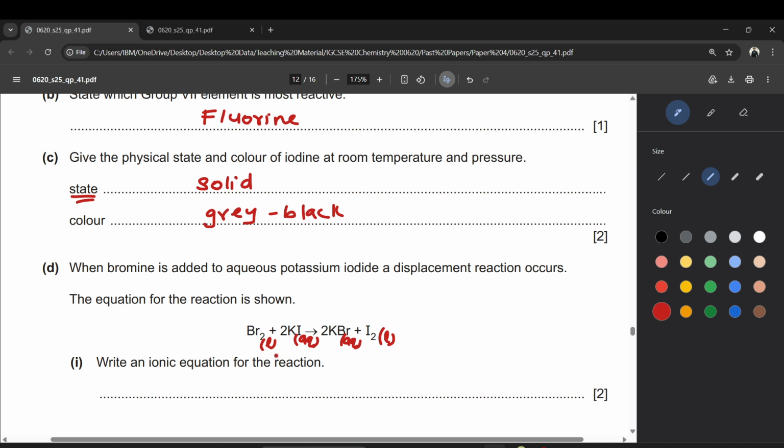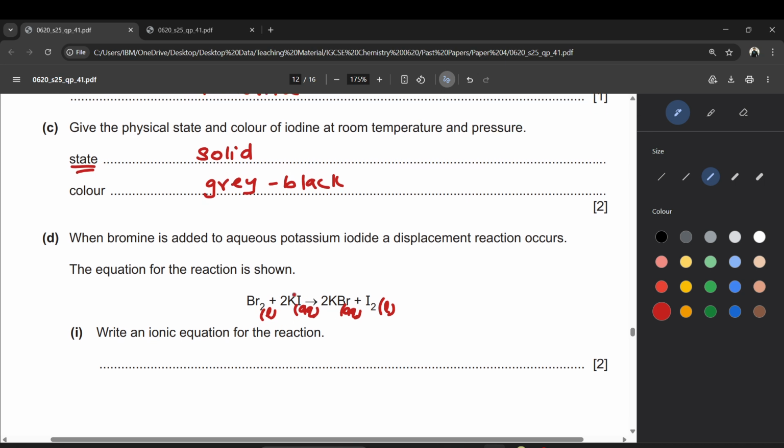Basically, the potassium ion is the same on both sides, so that will be cancelled out. So here we have Br2 plus 2I negative gives us 2Br negative plus I2.